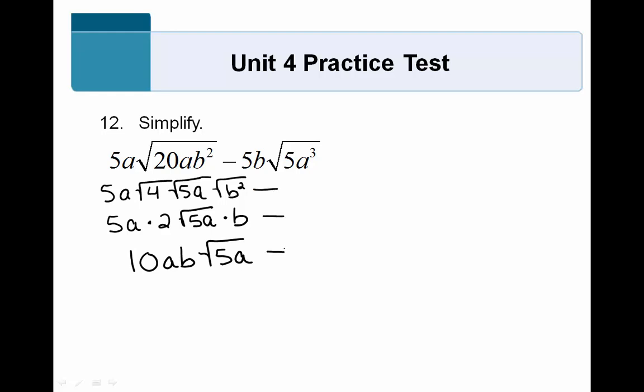So we want our radicand to be a 5a. On this right-hand side, drop down your 5b. The a cubed, take one away, put the leftover a with the 5. So you have 5b, radical 5a, the square root of a squared is a.